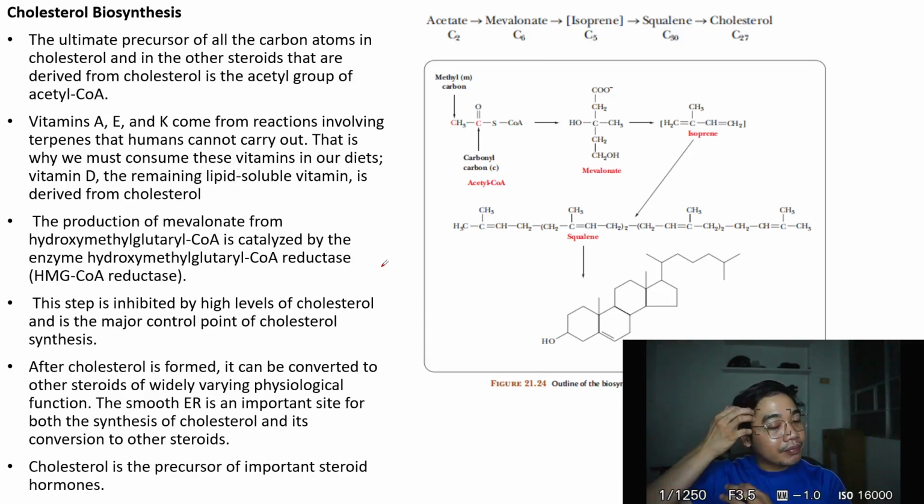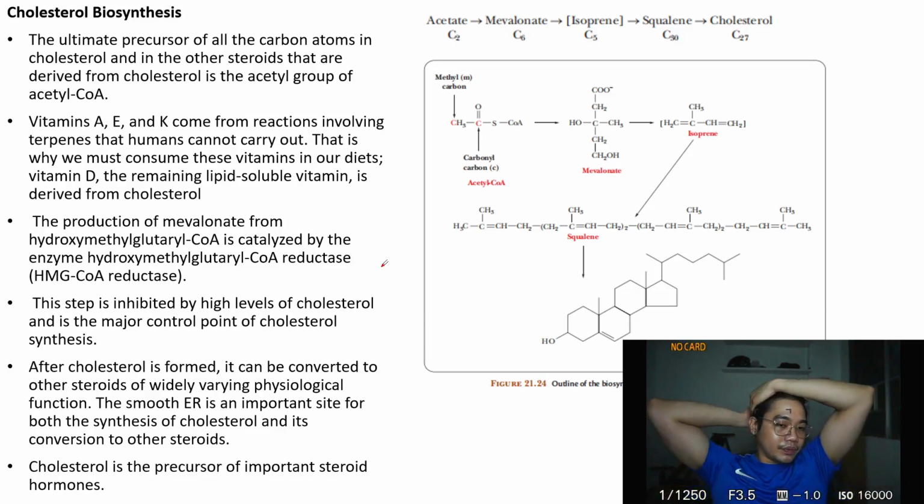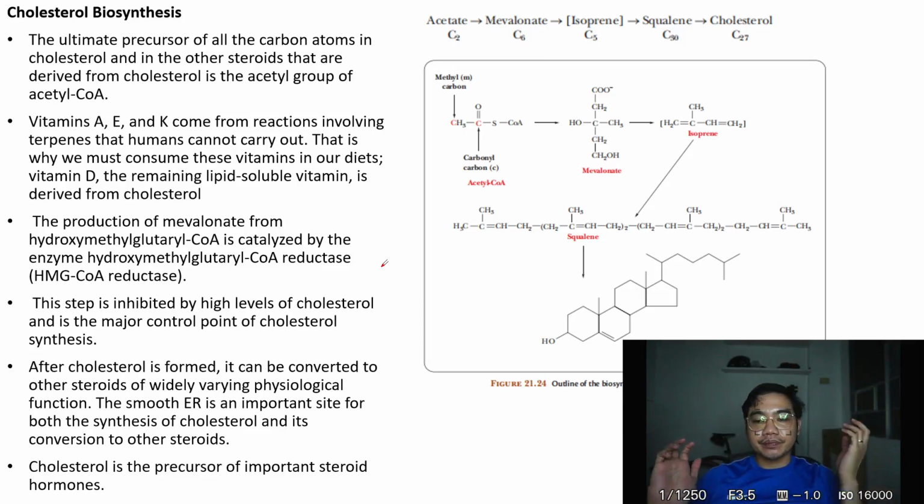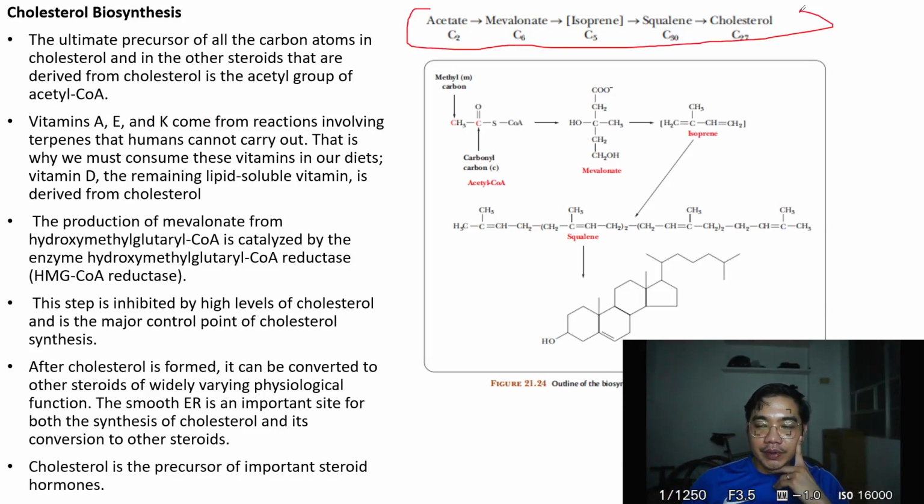So next is your cholesterol biosynthesis. Cholesterol is very important. This is your stepwise formation of cholesterol. Cholesterol is very important because, number one, it's a precursor for your steroid hormones.